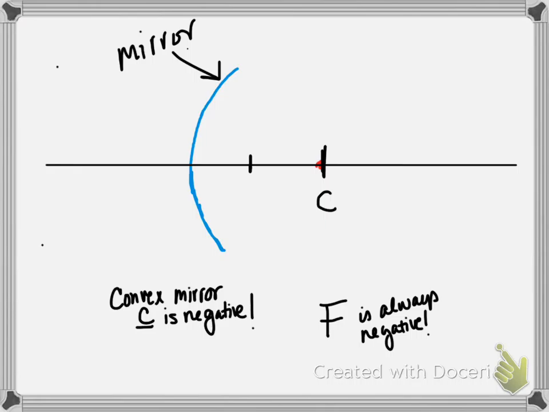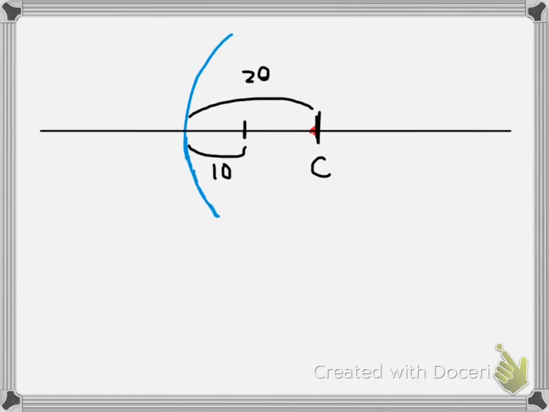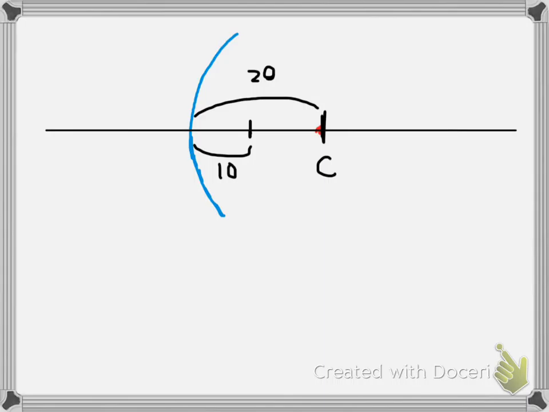So let's say that this is 10, making this 20. I don't know that I'll even try a ray tracing, though proportionally it should work. I'll copy this so that on the next page we can work on it.